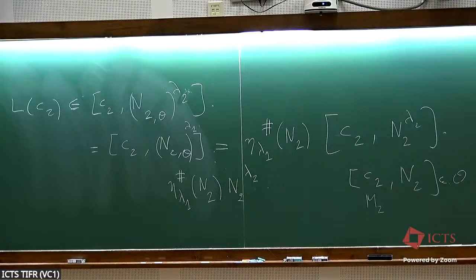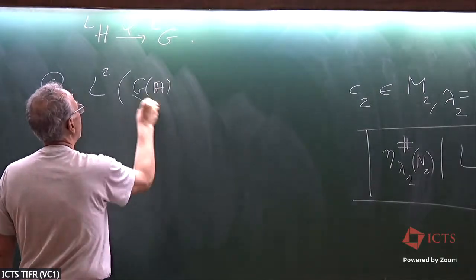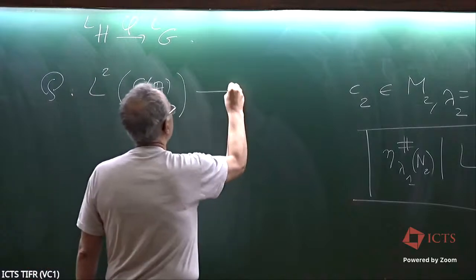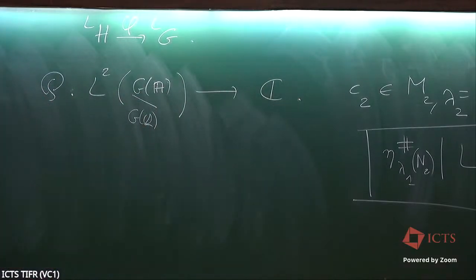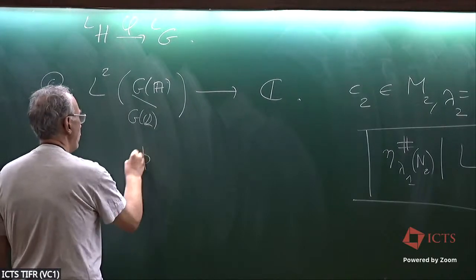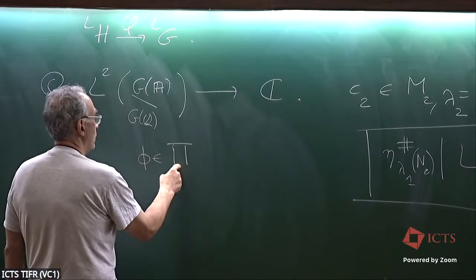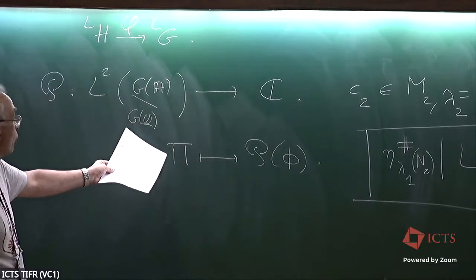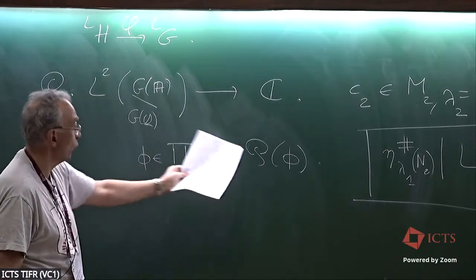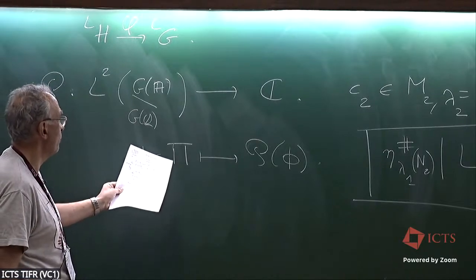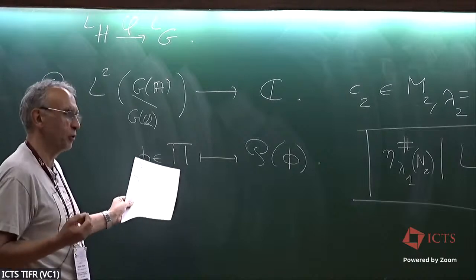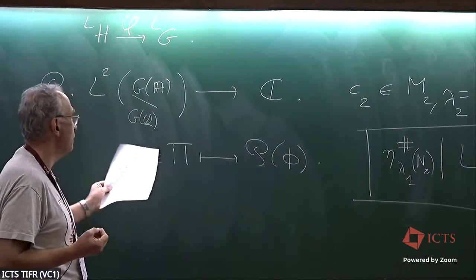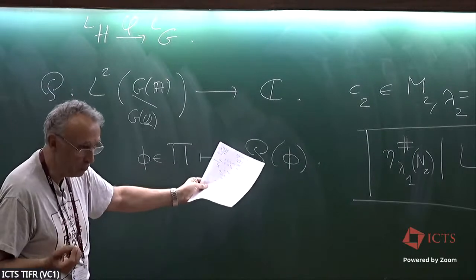forms, let's say on L2, so we have LH goes to LG, phi, and we are considering L2 of GA over GQ, and we are looking for interesting linear forms which have the property that if an automorphic form belongs to a pi here, you have a number, P of phi, and if pi is not a base change from H, this is 0, and if pi is a base change, it is something maybe interesting.